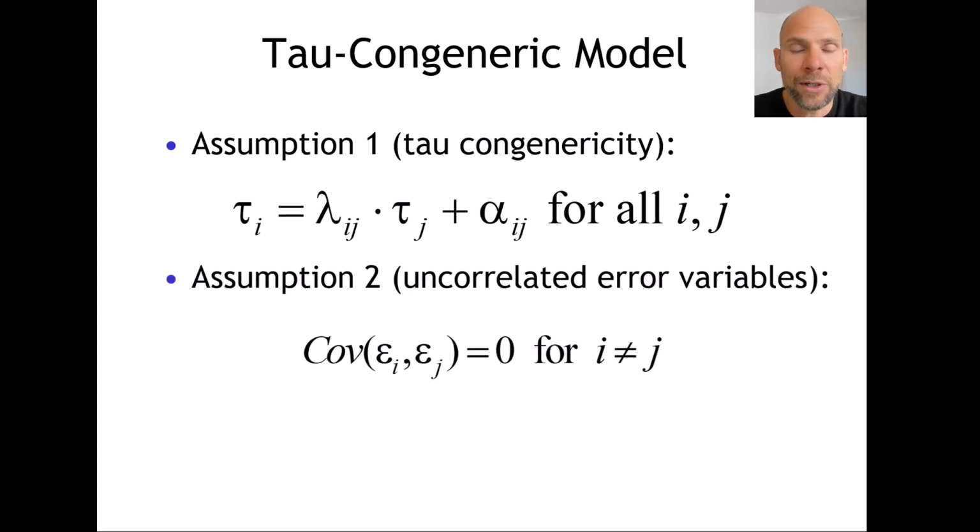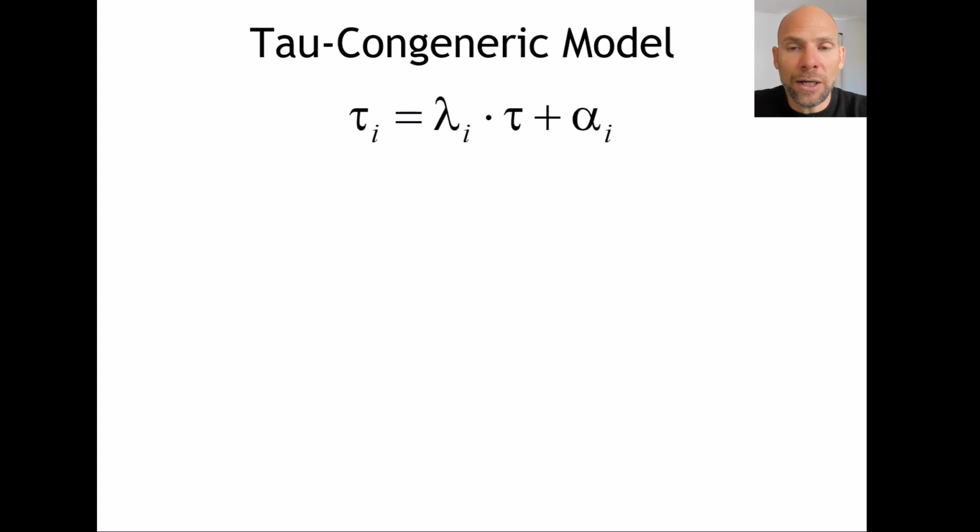The second assumption is the same as always, which is the assumption of uncorrelated measurement error variables. The Tau-congeneric model with this multiplicative or loading parameter still assumes that there's an underlying common factor tau without an index, and so then each variable has a factor loading lambda i and an intercept alpha i, so the variables can differ by a multiplicative constant and by an additive constant from that common true score factor.